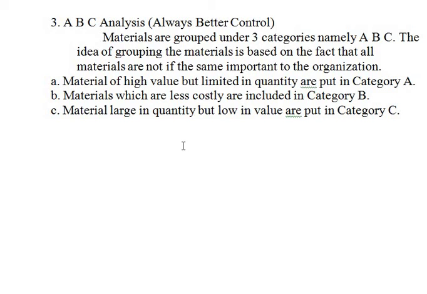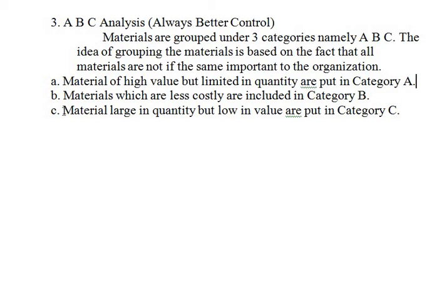Okay. Now like first group is material of high value but limited in quantity, which are put in category A. Okay. So the price of the materials is very high, but they are limited in quantity.